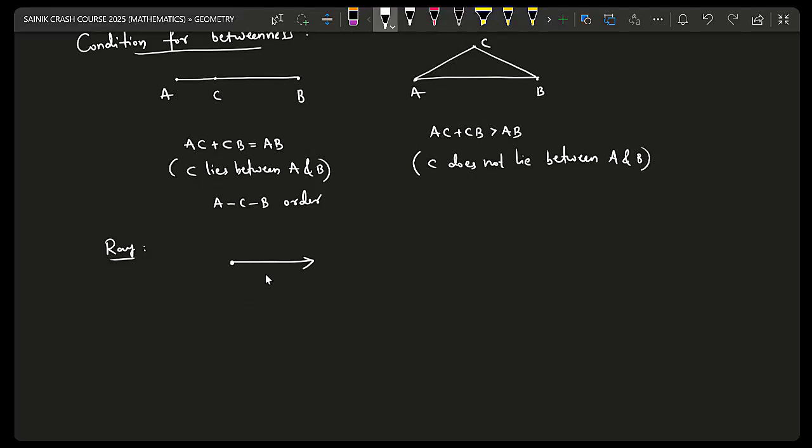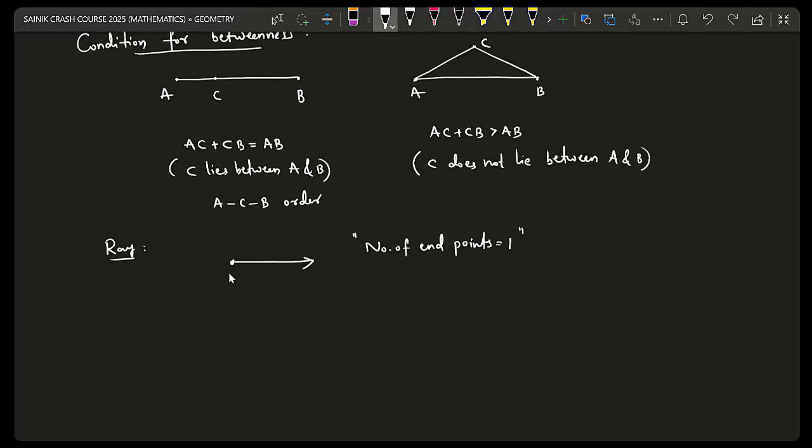The difference between ray and line is line extends in both the directions, but ray will not extend on one side. It has an end point, but on the other side it is extending. So for ray, number of endpoints you can write first. Number of endpoints is going to be only 1 because this is the endpoint. Okay, how to name a ray?